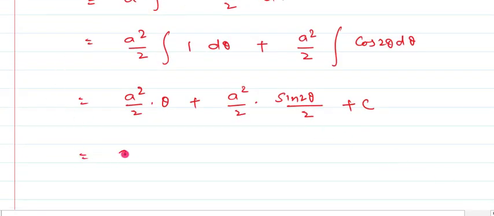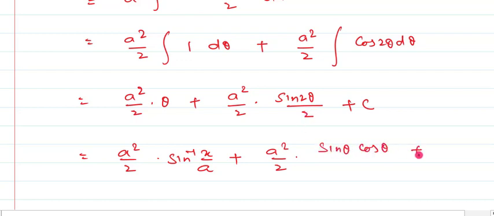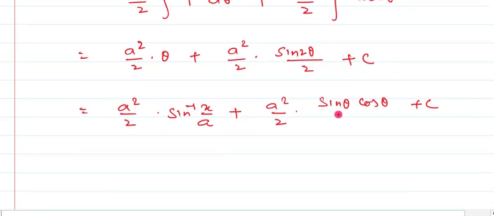So let us proceed. A square upon 2 into sine inverse x upon a, plus a square upon 2 into this sine 2 theta, which can be written as 2 sine theta cos theta. To get cancelled, you are left with sine theta into cos theta, plus c. Now we have calculated already the value of sine theta.